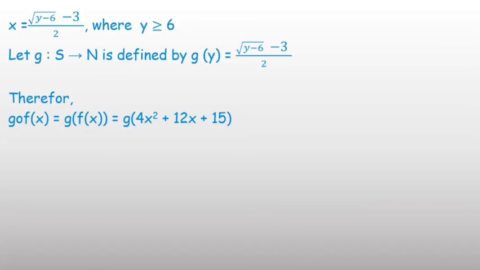Let x be g(y), so g(y) equals (square root of (y minus 6) minus 3) upon 2.